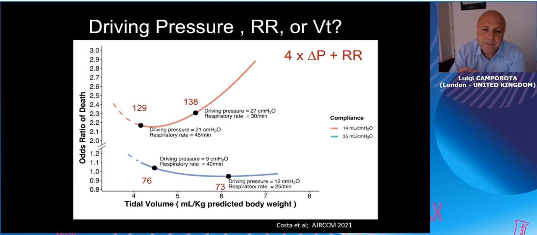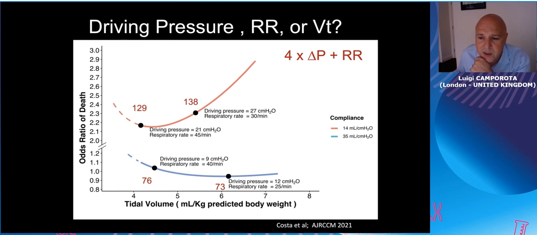And this paper, in a way, gives us a little bit more information on what to do. For example, if you take into consideration this formula, you multiply the driving pressure times 4 plus the respiratory rate, what you can see here is that we can have an average number, so 4 times the driving pressure plus the respiratory rate.